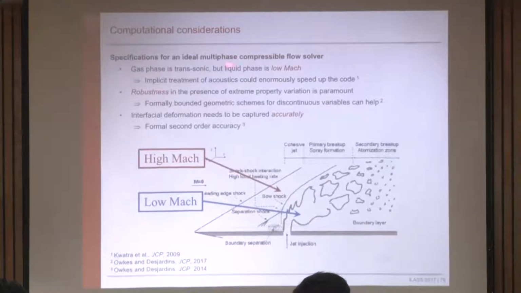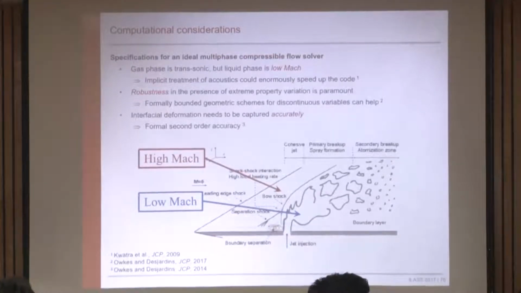But the liquid itself is very much a low-Mach flow. Locally, the speed of sound in the liquid is very high, and second, this liquid is injected at low speeds. So we have a flow that is characterized by a pretty high Mach in the gas, but a pretty low Mach in the liquid.